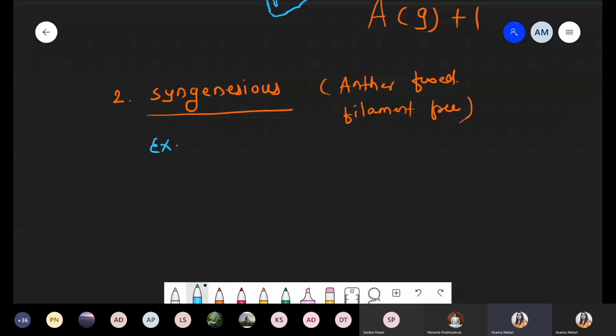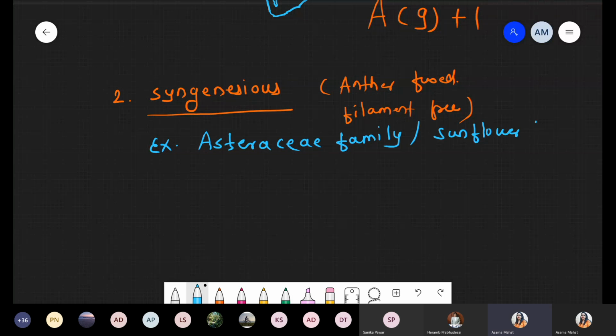This type of condition is present in the sunflower family, which is also called the Asteraceae family. It is very common in the Asteraceae family.